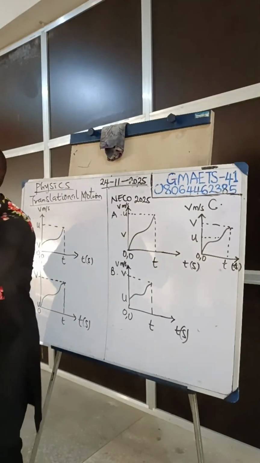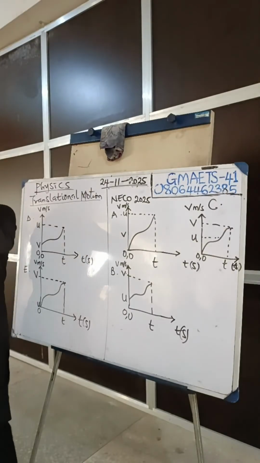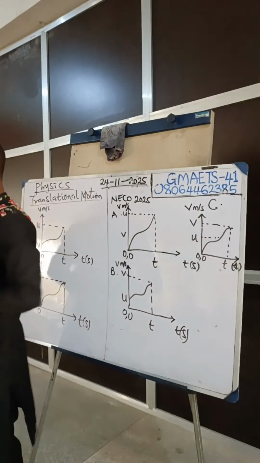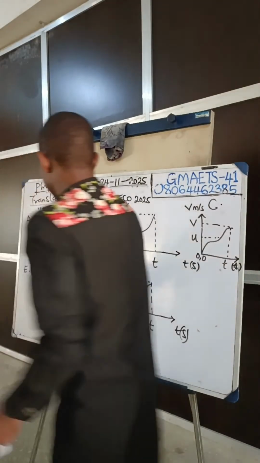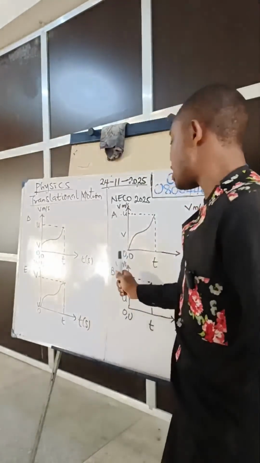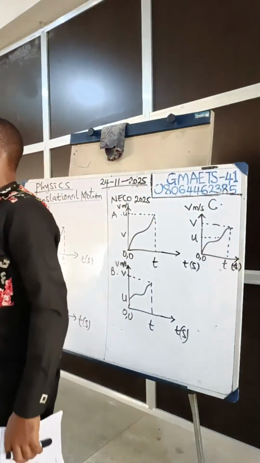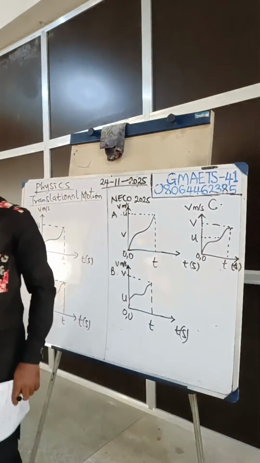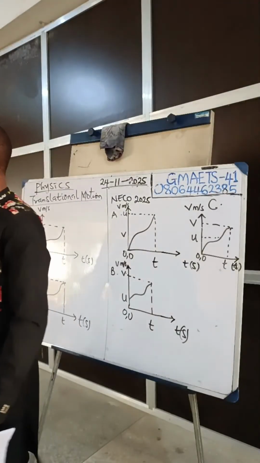So what is the initial velocity of this motion? According to the question, look at your question. Is the initial velocity u or v? U, is that not so? And remember that the graph is increasing from down up, true or false? Like the vertical axis now, starting from the origin 0 is increasing upward, true or false? So the starting velocity is what we said? U. Is it v? No. V will be what?